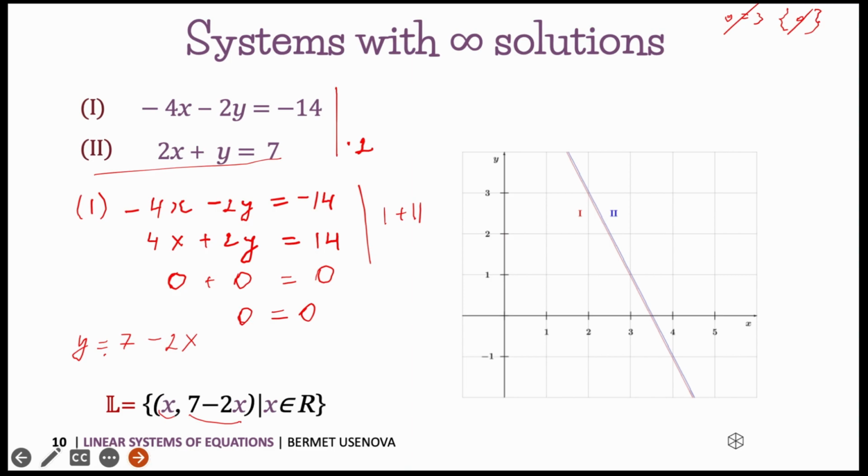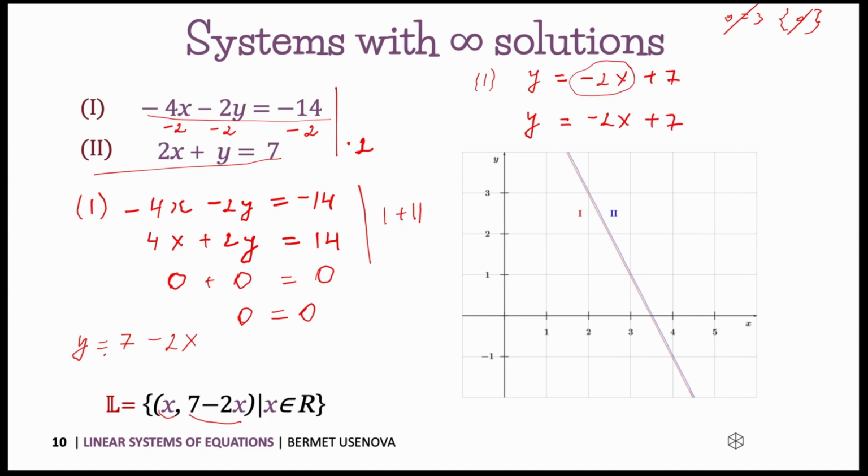Let's look at the slopes as we did in the first two examples as well. For the first equation, we divide everything by -2, and here we will have -2x plus 7. And here we will just move things over to get -2x plus 7.